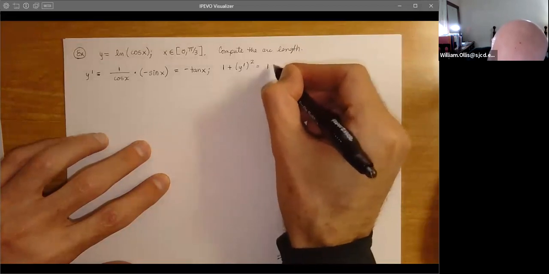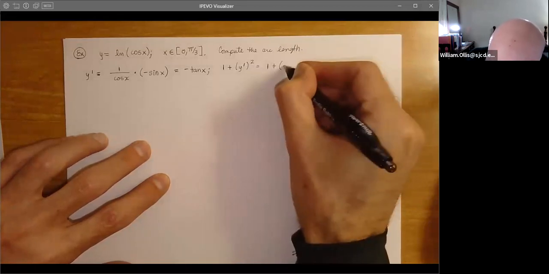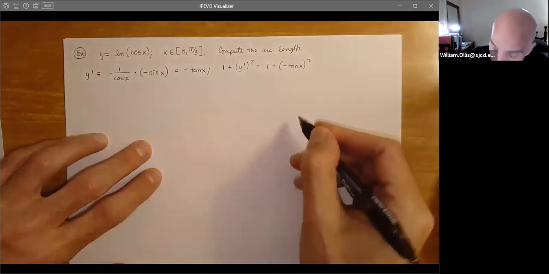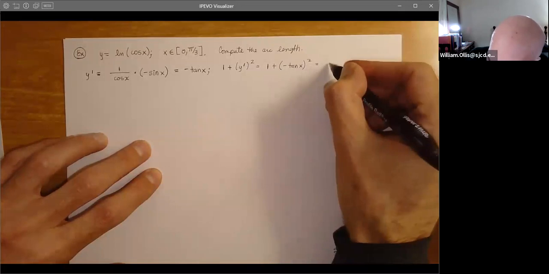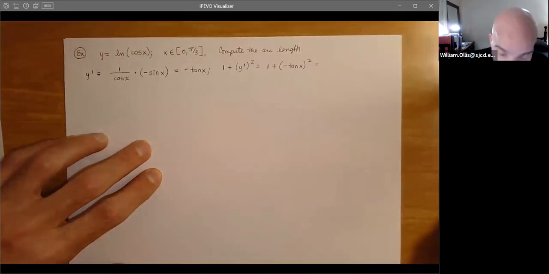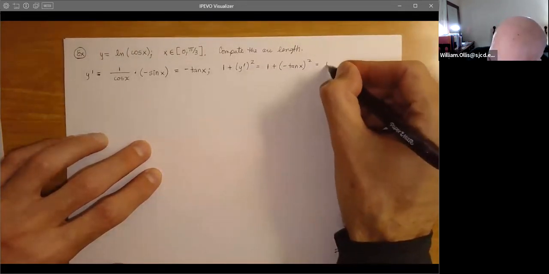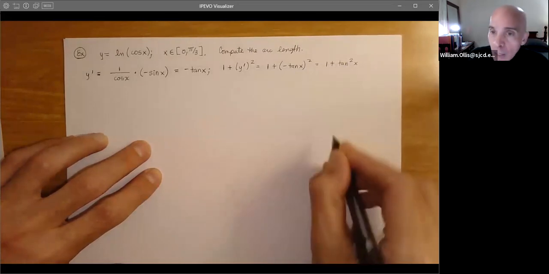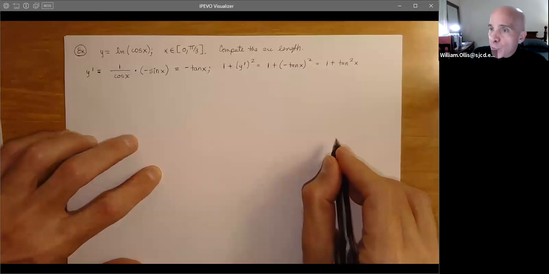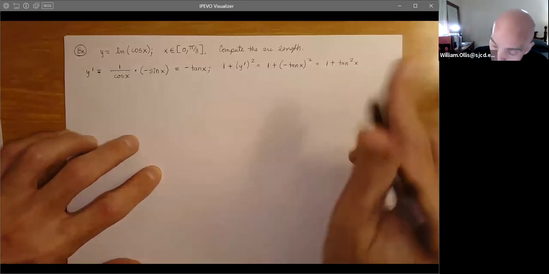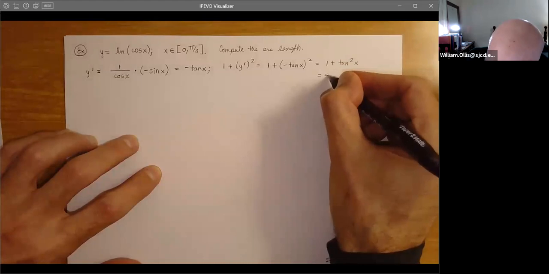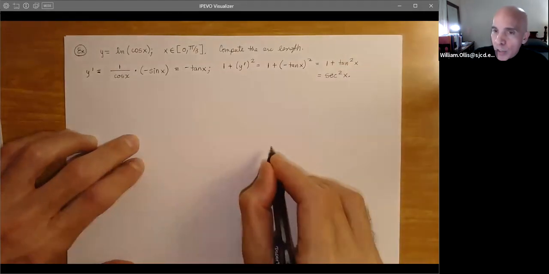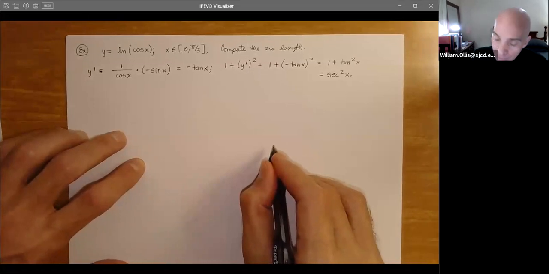So this will be 1 plus negative tangent squared. Of course, the negative will absorb, and this gives us 1 plus tangent squared x. But of course, that's one of our Pythagorean identities. This is just secant squared. This is just a fundamental identity that, we divide by cosine squared and get a Pythagorean identity.